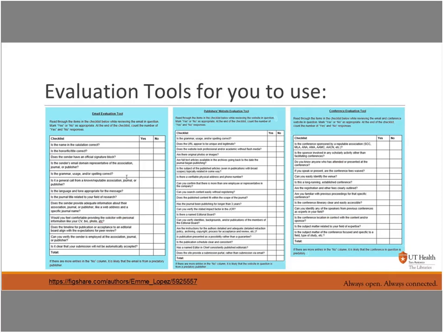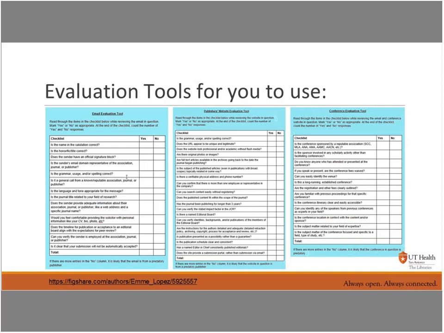The URL is down here, and there's also one for thesis conversion. There are 4 in all. So there's email evaluation, publisher's website, and conference evaluation tool, and then the thesis conversion. I would encourage you to use these and send us feedback.